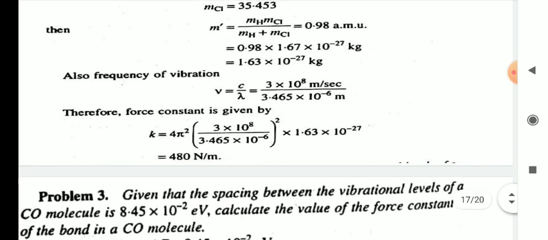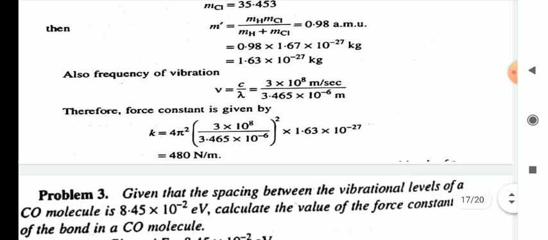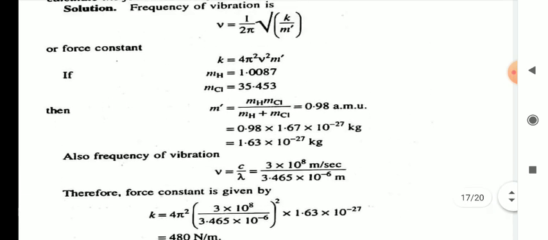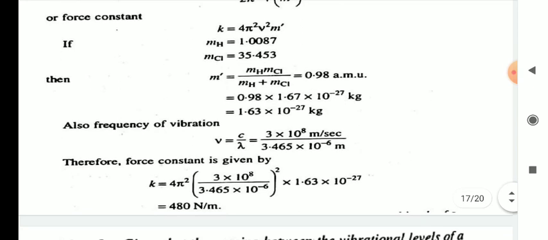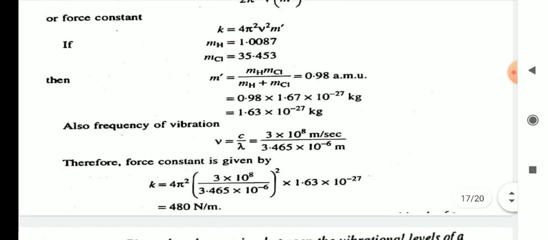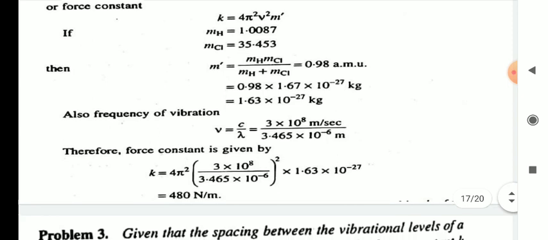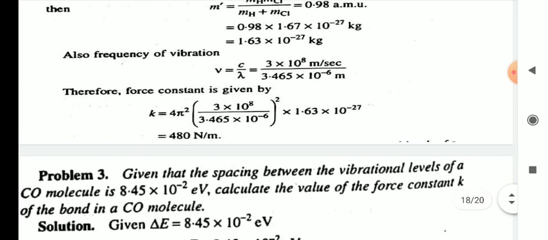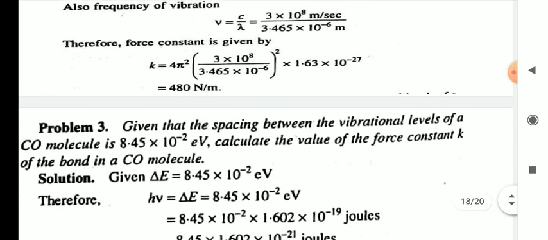On calculating this, we get the frequency nu. Substitute this value of nu in the equation k equal to 4 pi square nu square m dash and simplify it. The force constant k works out to be 480 Newton per meter.